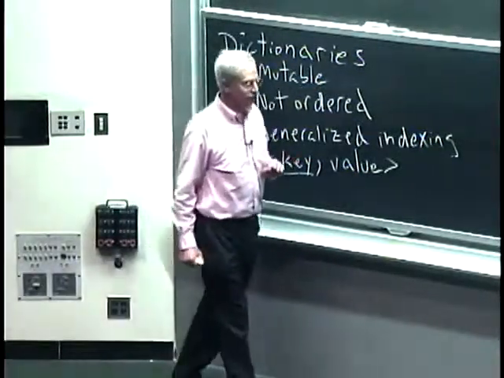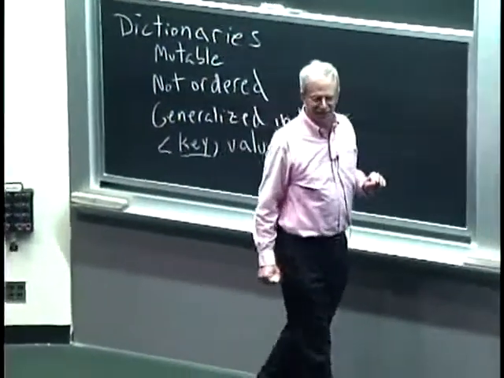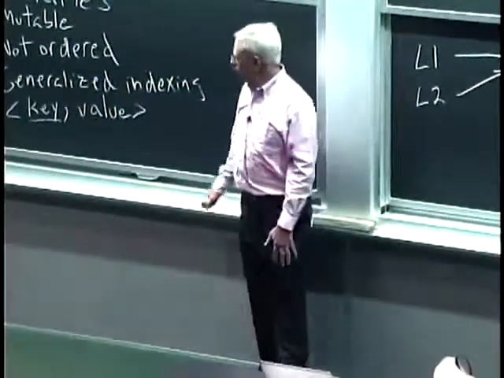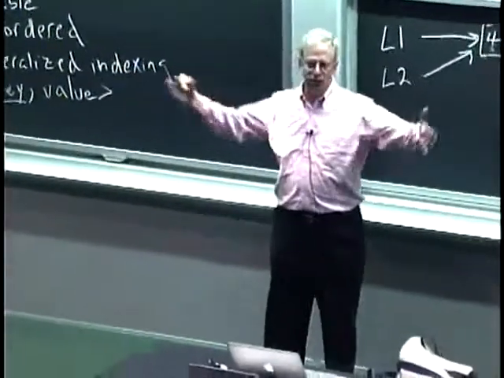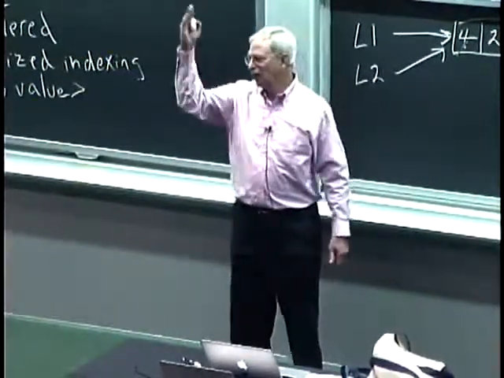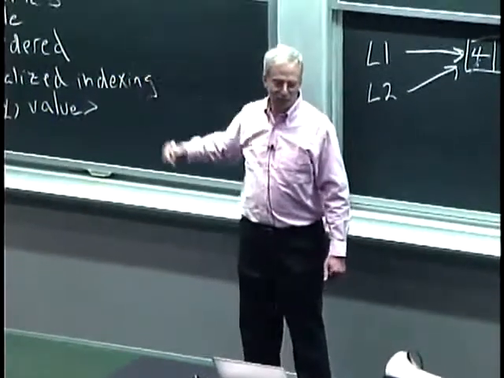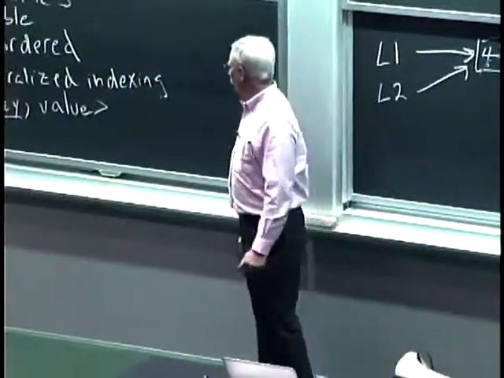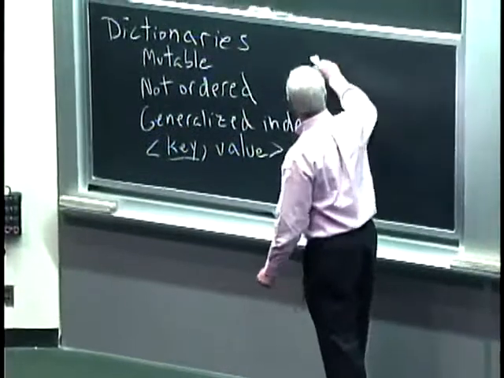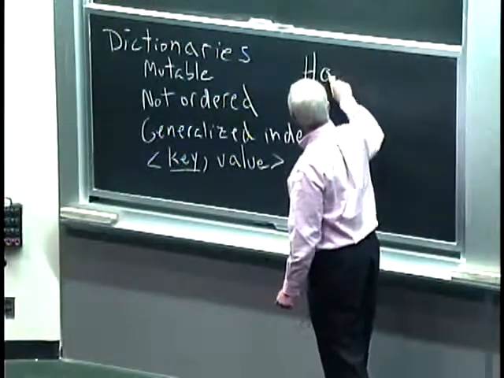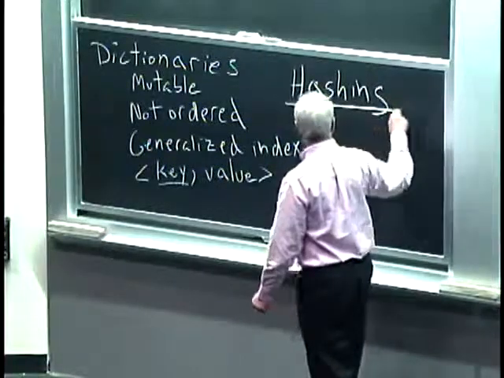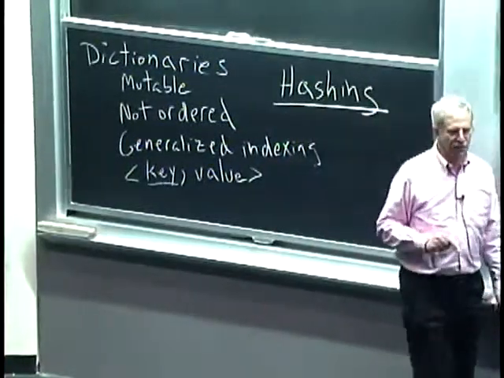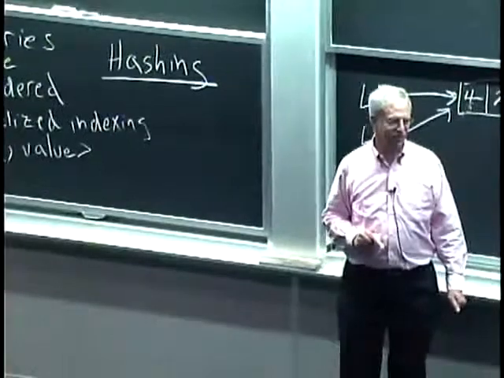But most importantly, it's fast. Because if you did what I suggested with the list, the time to look up a key would be linear in the length of the list. You'd have to look at each element until you found the key. Dictionaries are implemented using a magic technique called hashing, which we'll look at a little bit later in the term, which allows us to retrieve keys in constant time.